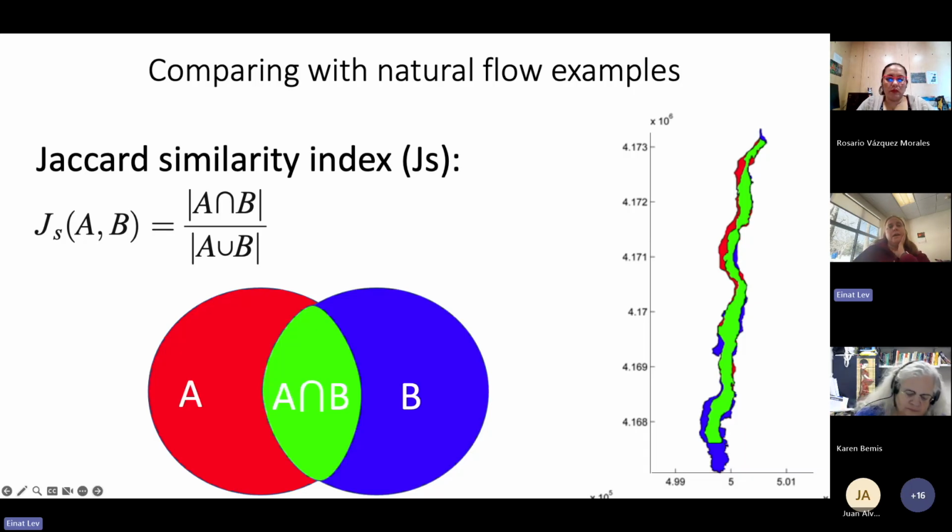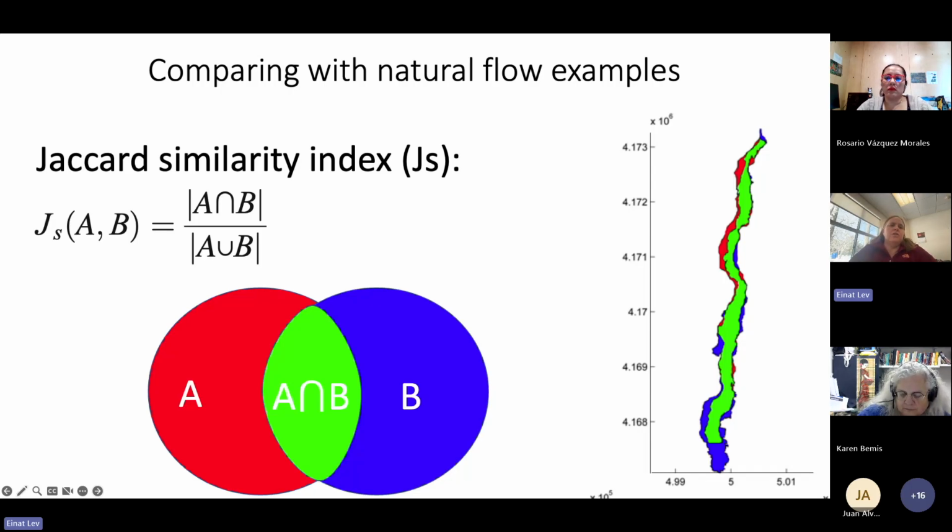And to do that, one calculation one could do is the Jaccard similarity index, where you look at A intersection with B. So A, say, is the model, and B is the observation.